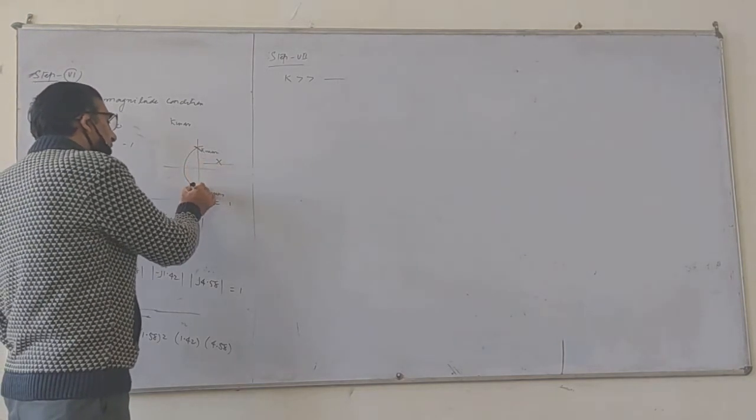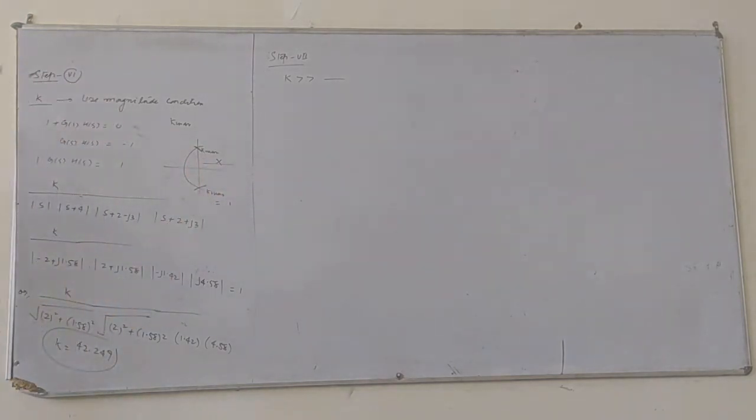Then the path of the root loci is approximated with the help of asymptotes.